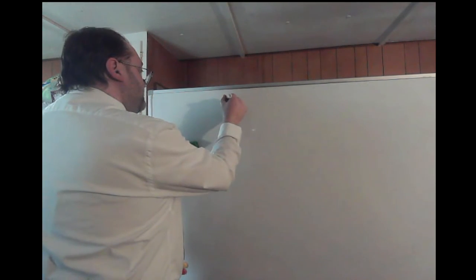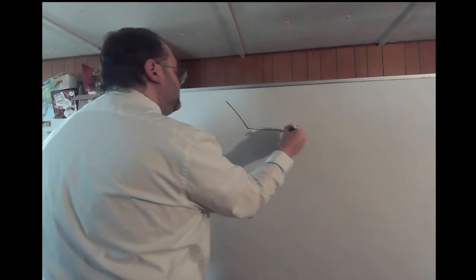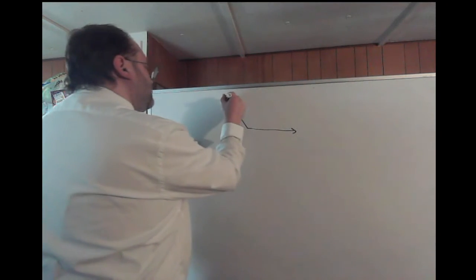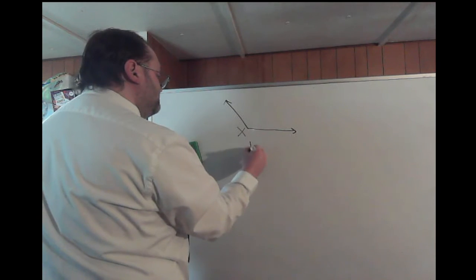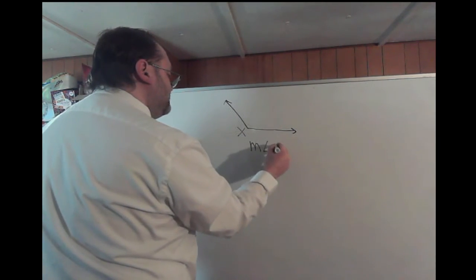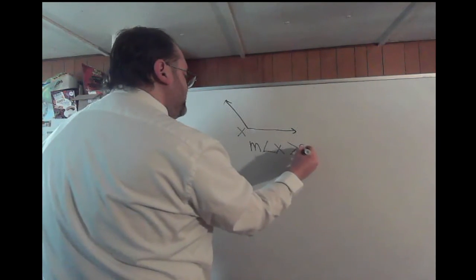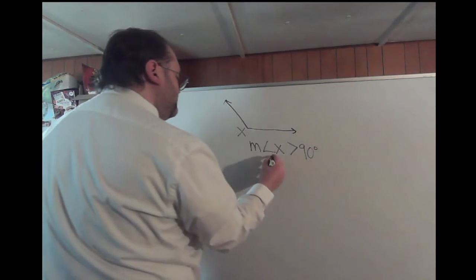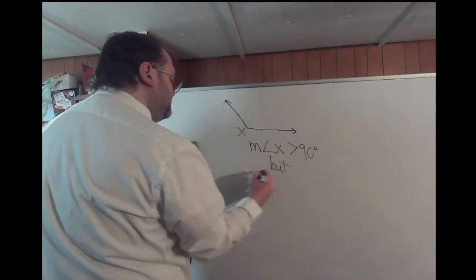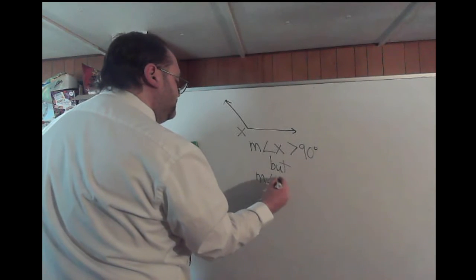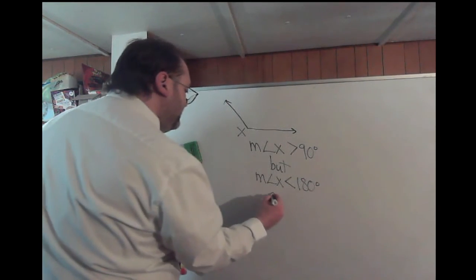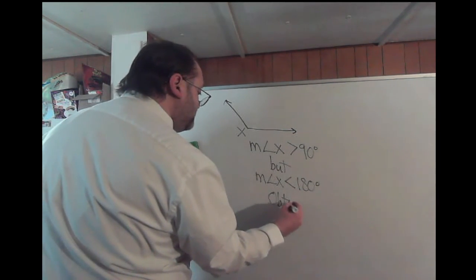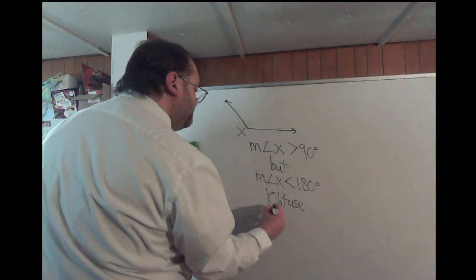Let's say the measure of an angle, we'll call this angle x, the measure of that angle x is greater than 90 degrees, but the measure of that angle is less than 180, it is obtuse. That'll be an obtuse angle.